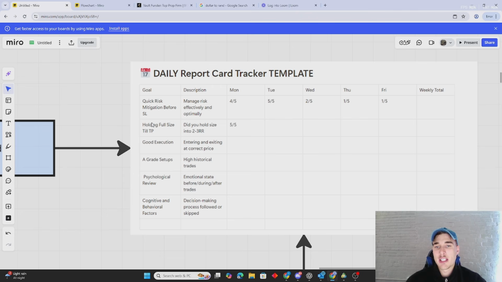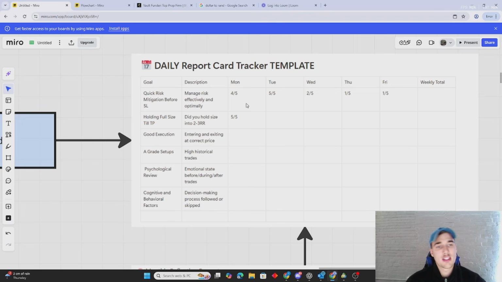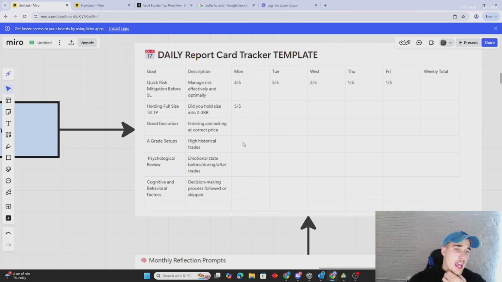Are you hitting your stop loss at a full 1% when you could have actually cut it in half? These things are important, and I like to capture my data within the week. Okay, 4 out of 5, 5 out of 5. Then you can see where you actually need to improve. If this is something you're really good at, then you won't need to improve on it. For example, another one, A grade setups: actually taking A grades instead of B grade and C grade ideas.